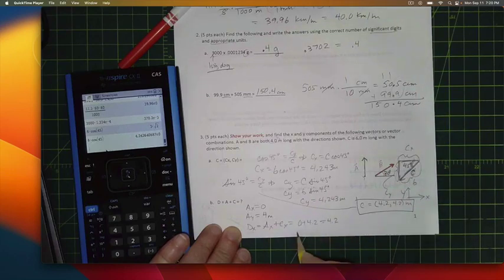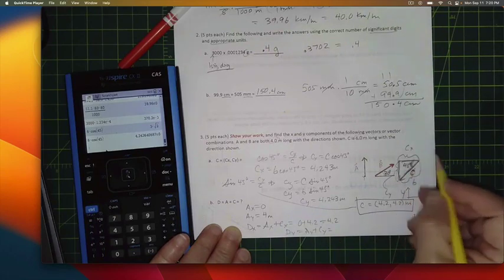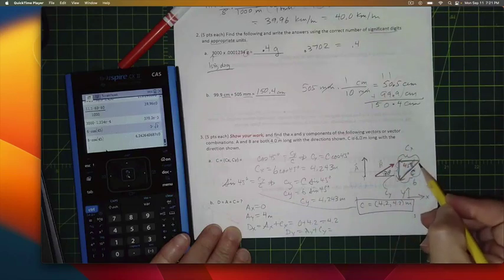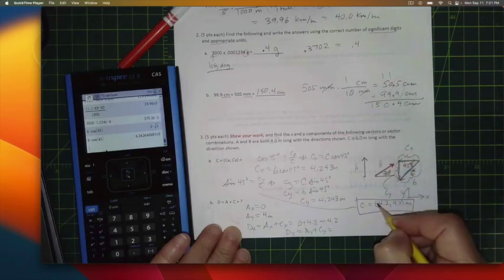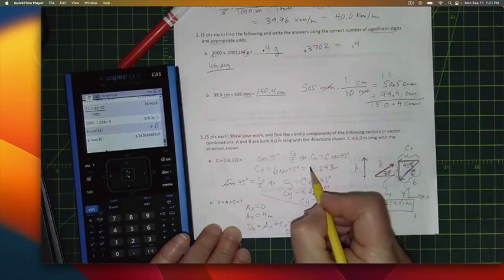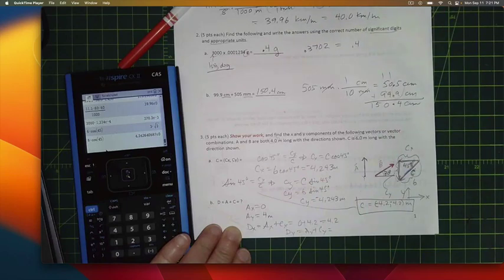And then D sub y is A sub y plus C sub y, which is, whoops, I just realized I screwed up. All right, so for C, both of these are negative, right? Because it's going backwards and down, so these should both be negative. Looking at it with the triangles, you've got to look at the directions it's going in terms of x and y. Don't forget that.